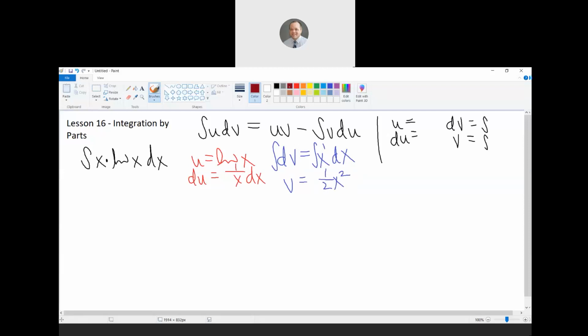Now let's plug everything into our integration by parts formula. So our formula is u times v minus the integral of v du. u is natural log of x, and our v is 1/2 x squared.